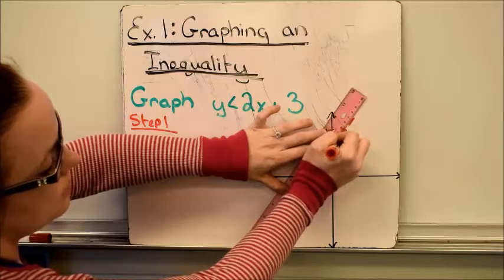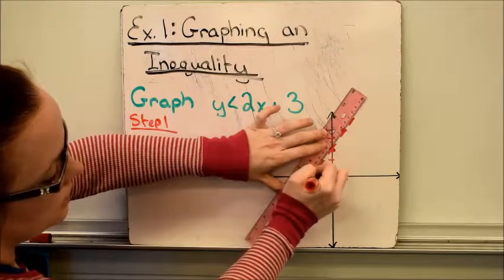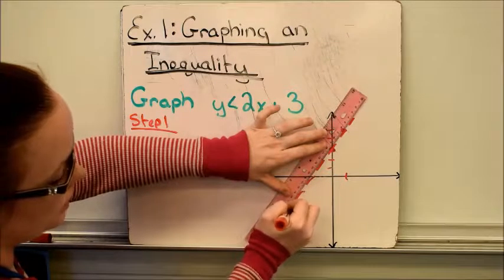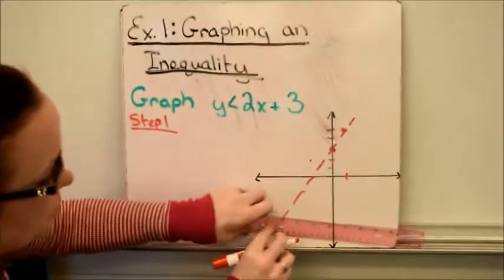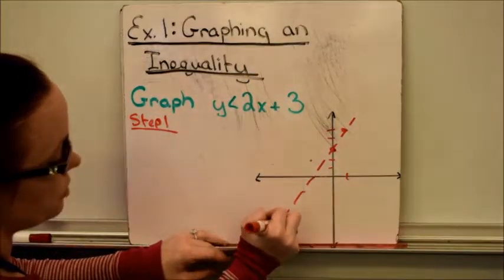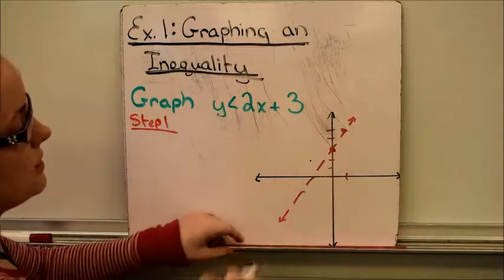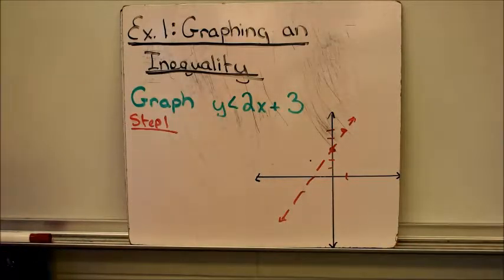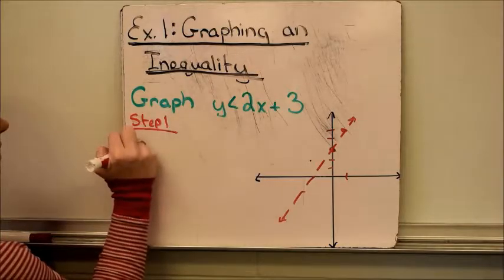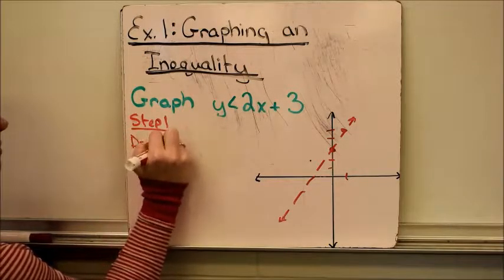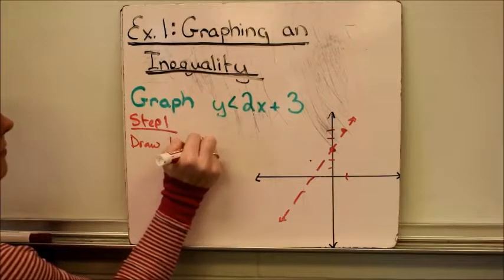So this is going to be a dashed boundary line here. If it were equal to, it would be a solid boundary line. But since it's not, it's going to be dashed. All right, so we drew our boundary line. That was our first step.